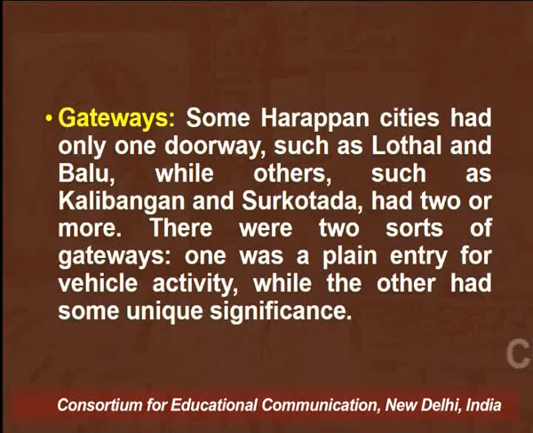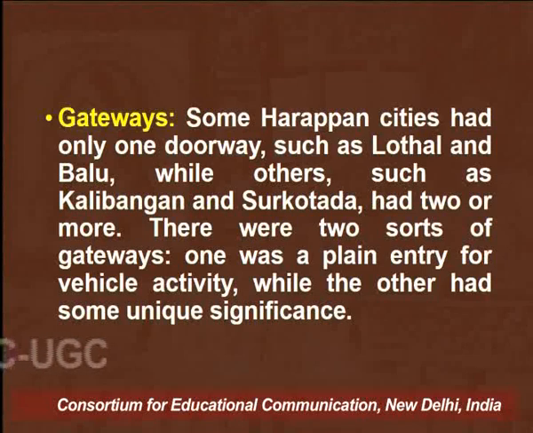Another interesting feature was gateways. Most Harappan cities had only one doorway, such as Lothal and Balu, while there were some like Kalibangan and Surkotada which had two or more than two gateways. There were two kinds of gateways.